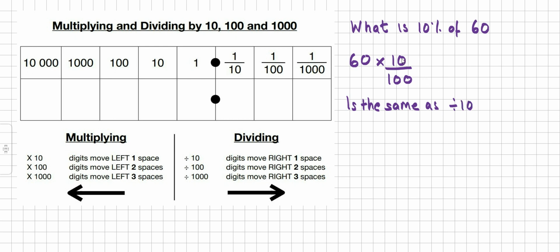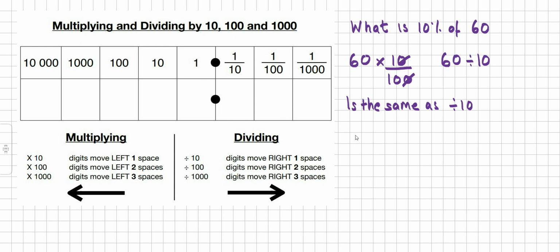We multiply by 10, we divide by 100, they cancel each other out, so we end up just doing 60 divided by 10, and it's always the same for 10%. So using that, if you're dividing by 10, the digits don't change, their position on the place value changes. So that should make our life easier.